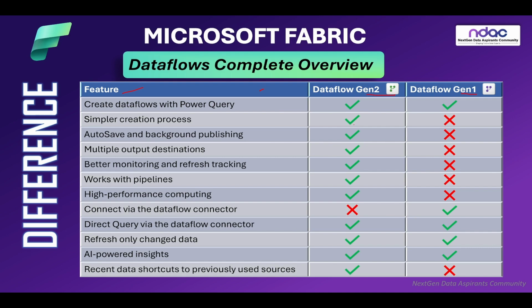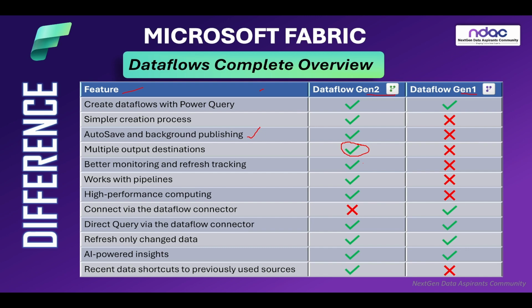You can create simple processes, but Gen1 does not support auto save and background publishing. This is very important. This auto save feature is only applicable to Dataflow Gen2, not Gen1. Now multiple output destinations. As I mentioned earlier, Gen2 supports pushing the data to a direct destination, but in Gen1 there is nothing.